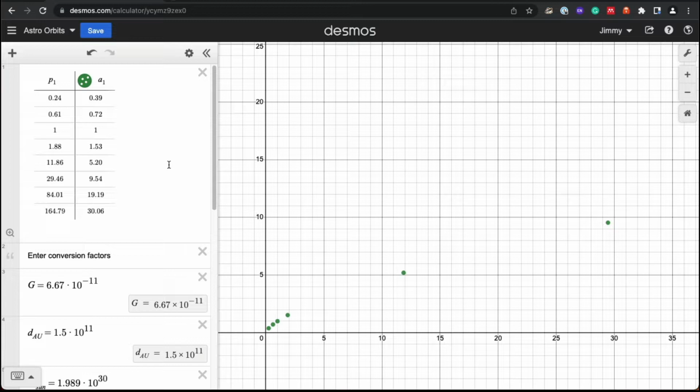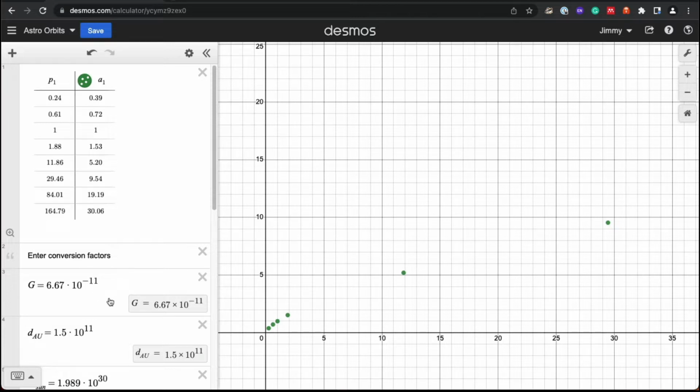You can't work with the constants that we typically use in astronomy without working with meters, kilograms, and seconds, the SI units or MKS units. For example, the gravitational constant from Newton's universal law of gravitation is written here in box number 3: 6.67 times 10 to the negative 11th.